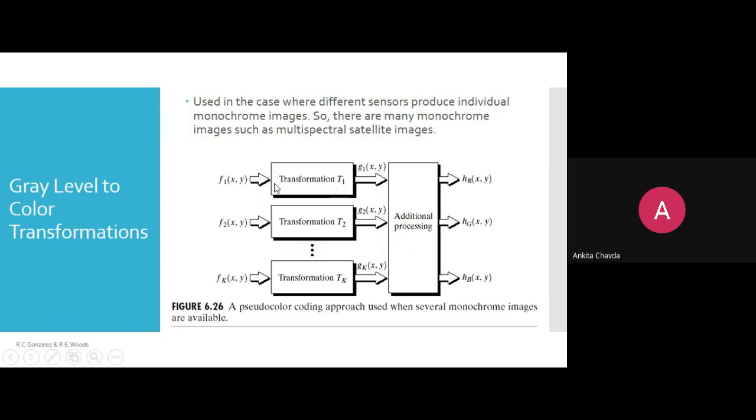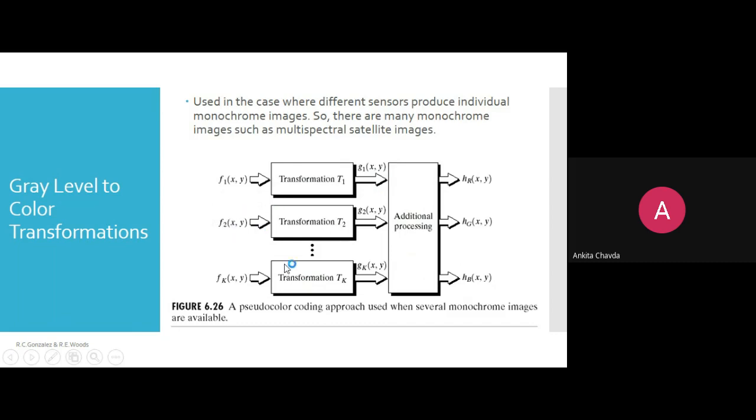What transformation you want to apply will create one of the things. So here we are giving just f1 of xy, that is from our first image, each and every xy. Suppose there are 500 cross 500 images, so that first image we give to the transformation t1, and it will give the appropriate g1 of xy.